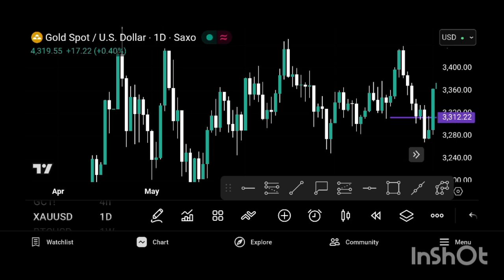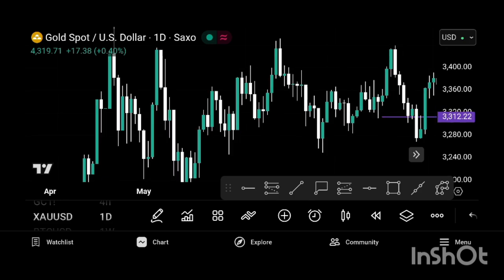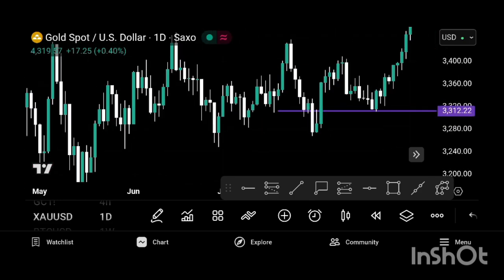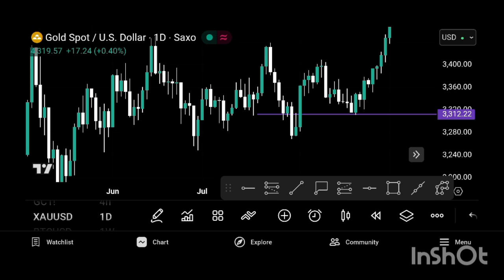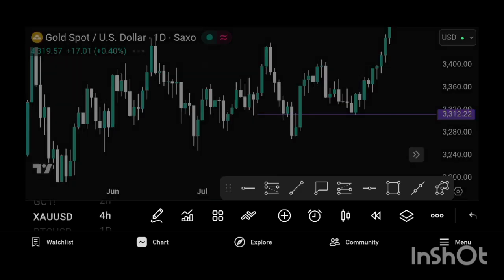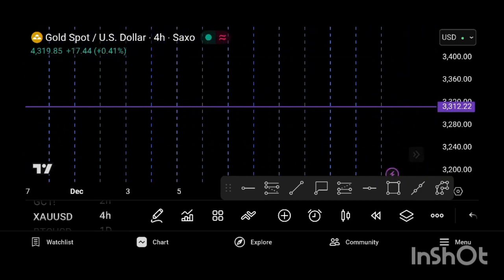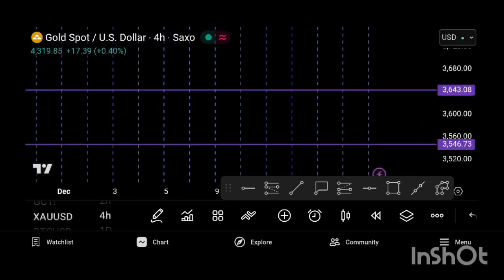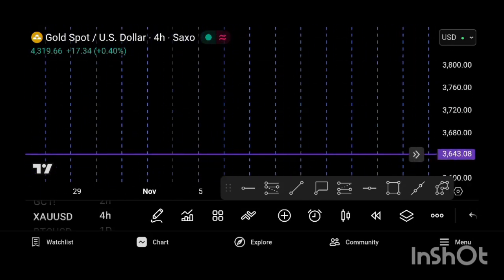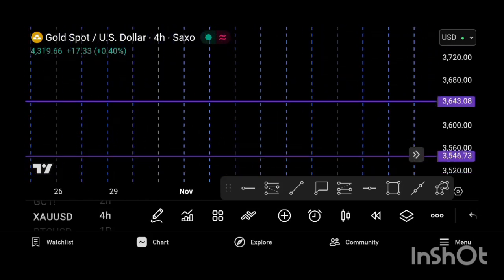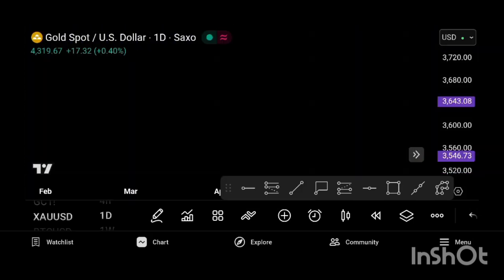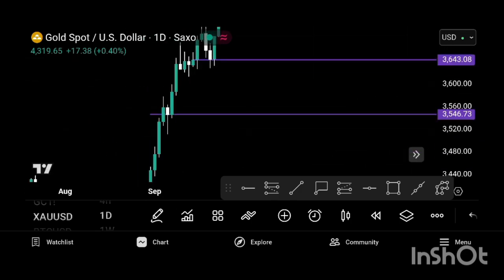Now look at it here. You can check on the 4-hour time frame to see it. Okay, let's go to 4-hour. You can find it more easily there, right? Okay, let's go back to the daily time frame.